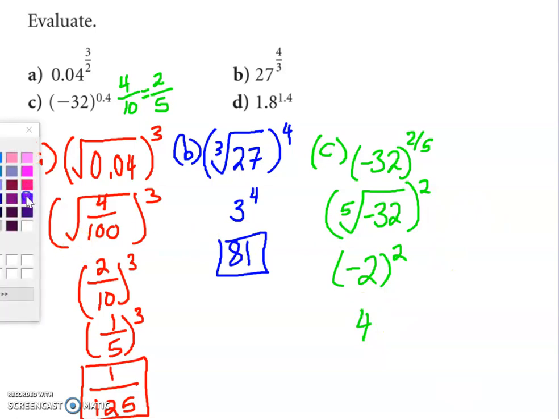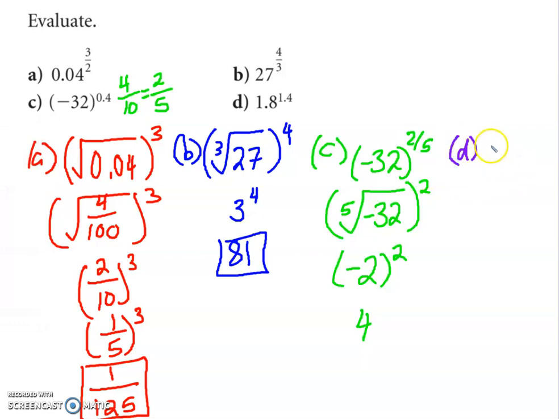And then the last problem, D, 1.8 to the power of 1.4. So 1.4, it's going to be 14 divided by 10 because the decimal ends in the 10th decimal spot, which is 7 over 5.